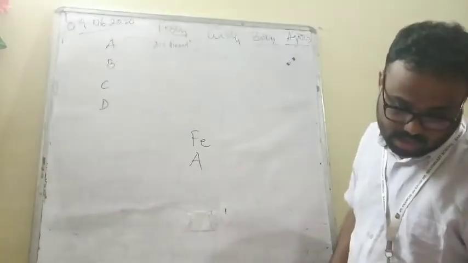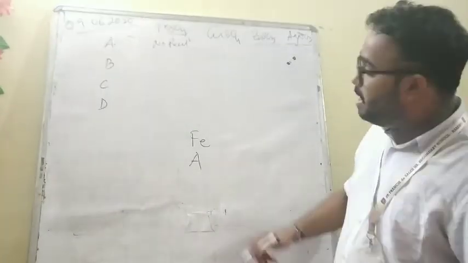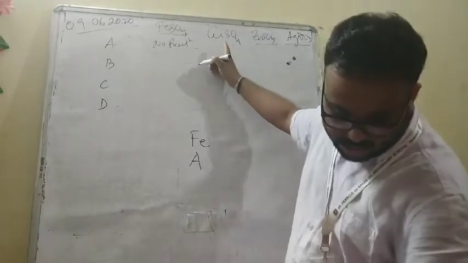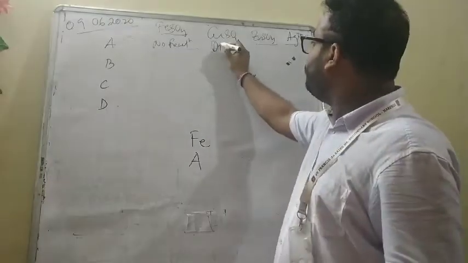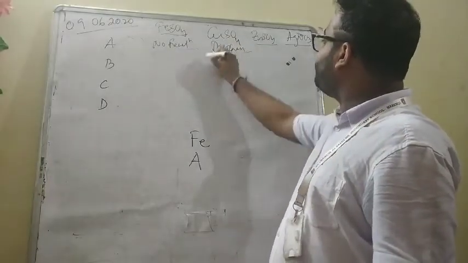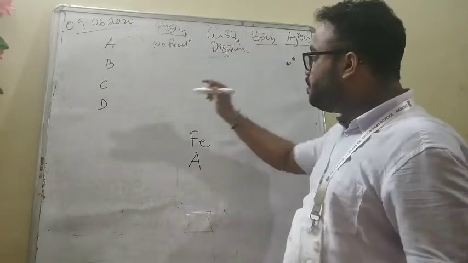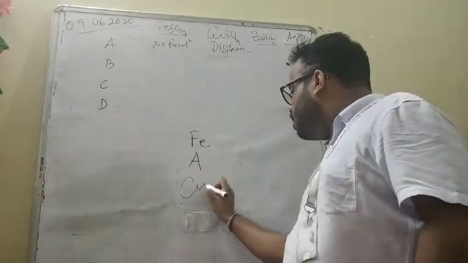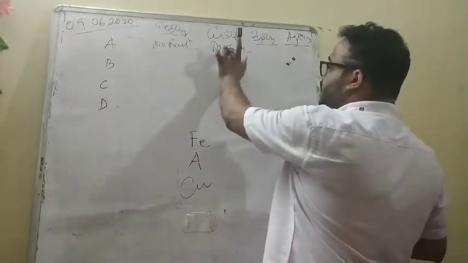Number B. They have told you there is displacement with copper sulfate. Here the displacement reaction is there, which means copper will lie below B because B is doing the displacement reaction.